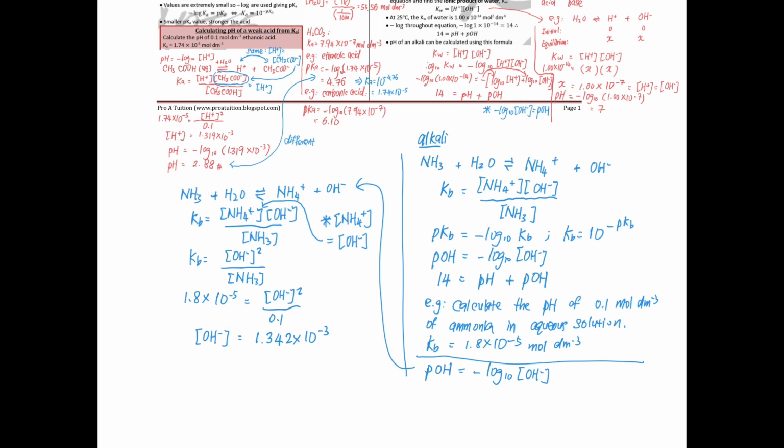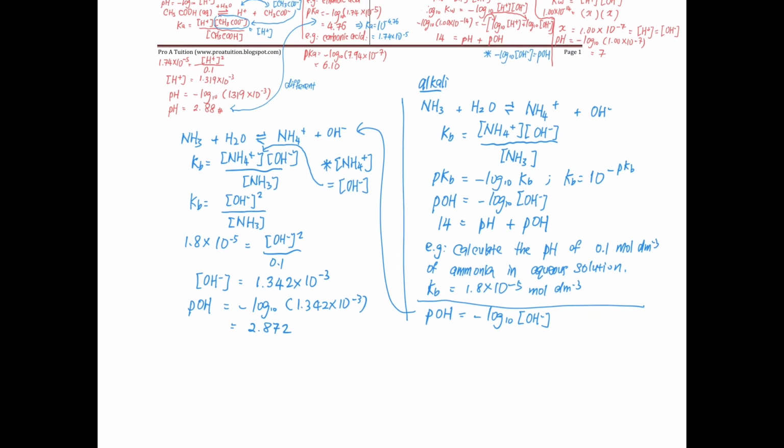Then we can find out the pOH by doing negative log of this value. So we negative log, and we get 2.872. After you negative log, you get the pOH ready.